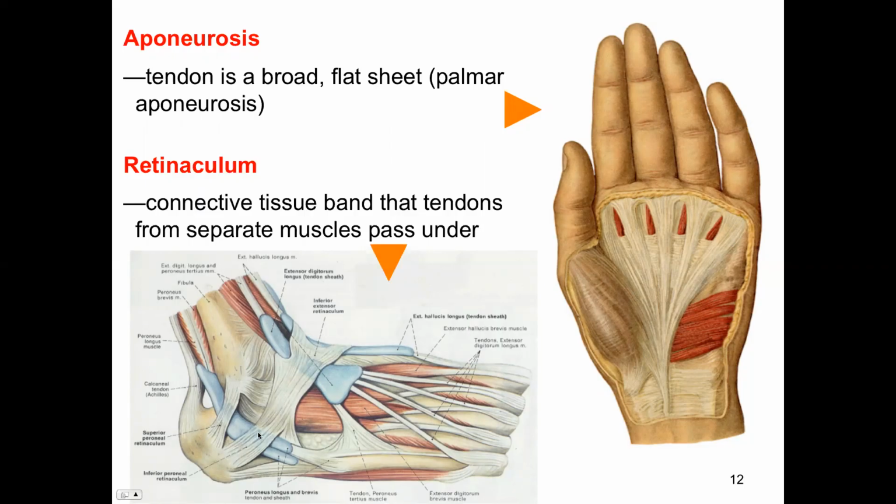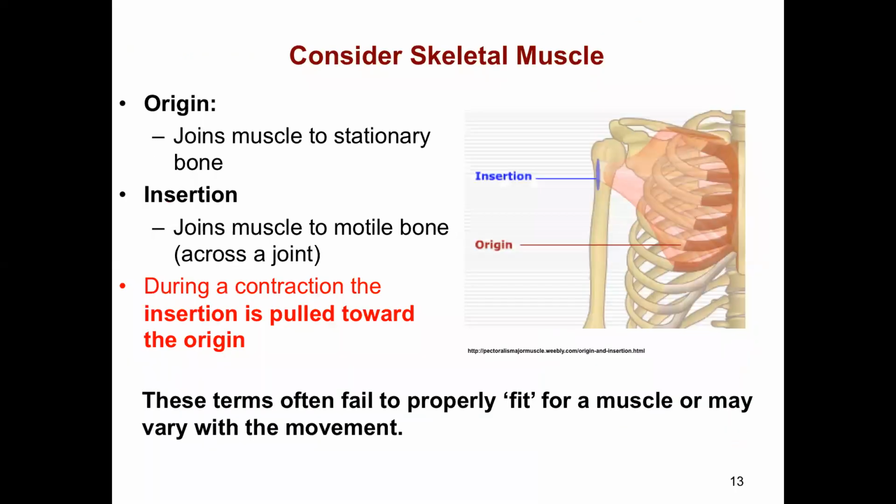But they are sheets of connective tissue that are separating this complex set of tendons that we have. And typically around in the foot, there's quite a number of these. You can see some of them listed here, as well as in the hand. We'll get to that. So those are two other terms to learn, all right?